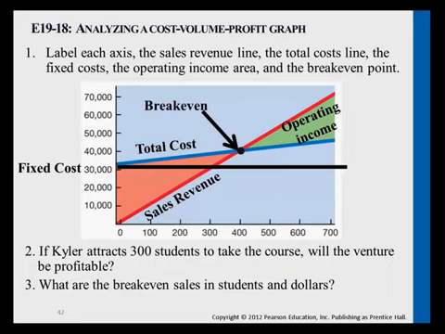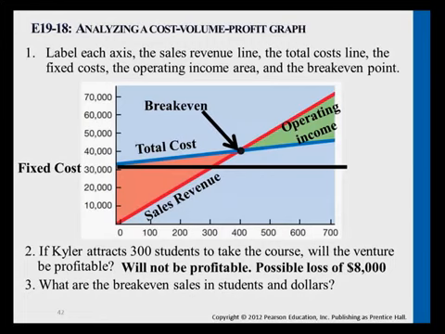Good job. Okay. So if Kyler attracts 300 students to take the course, is it going to be profitable? 300 students. Going to go up. Uh-oh. All right. Okay. And it's even a possible loss.